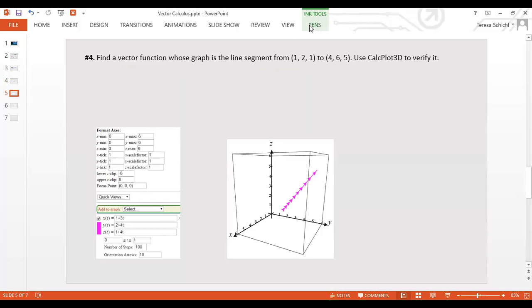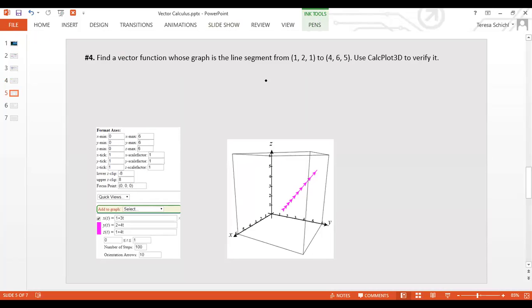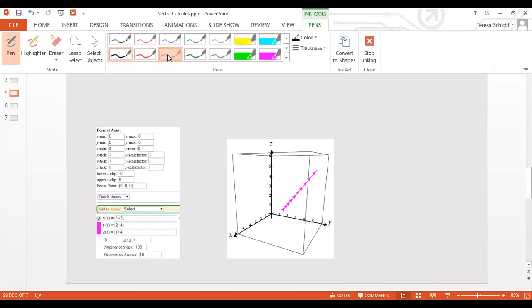So I want to find the vector function whose graph is a line segment from (1, 2, 1) to (4, 6, 5). Then they say use CalcPlot3D to verify it. So how do I find this?